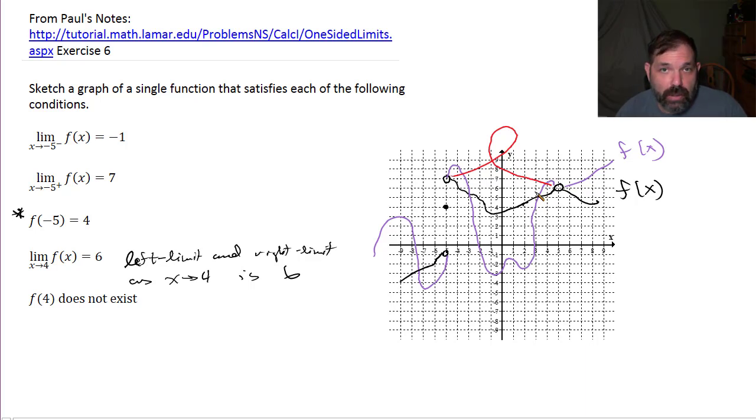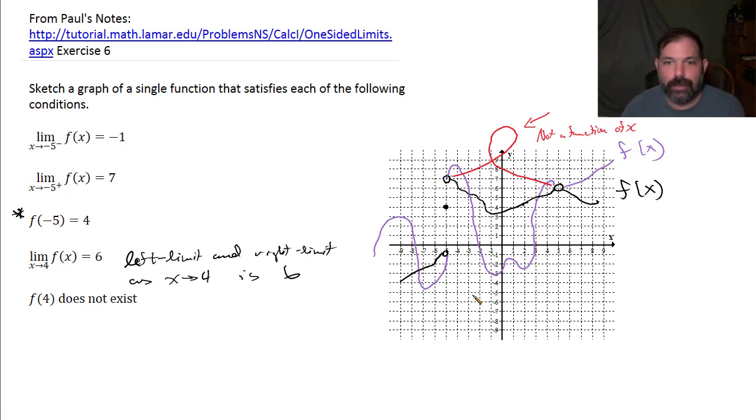This would not be correct because it's not a function. Other bad examples would be if you mixed up the solid and the open points, things like that.